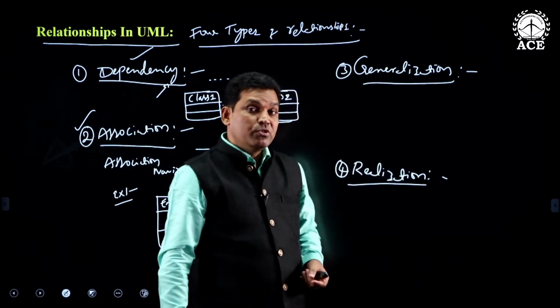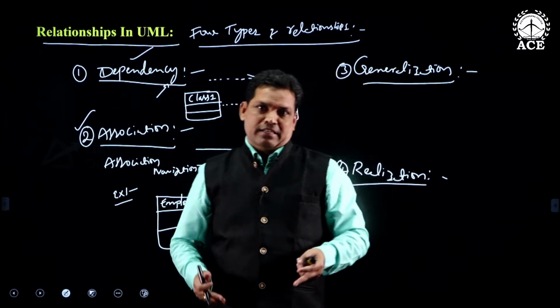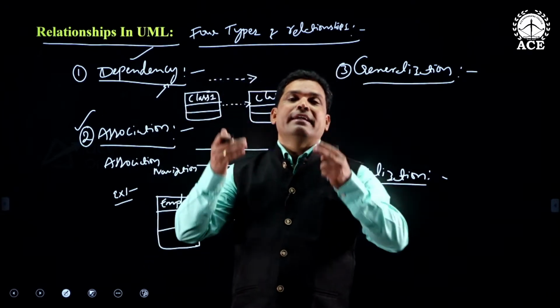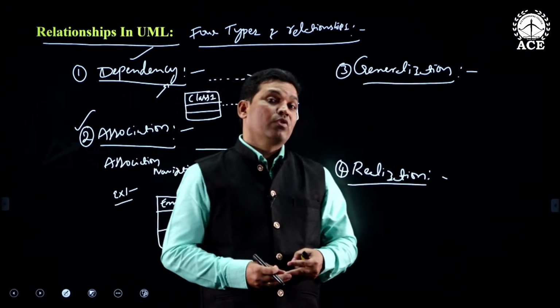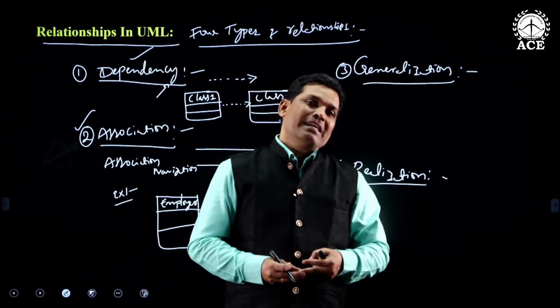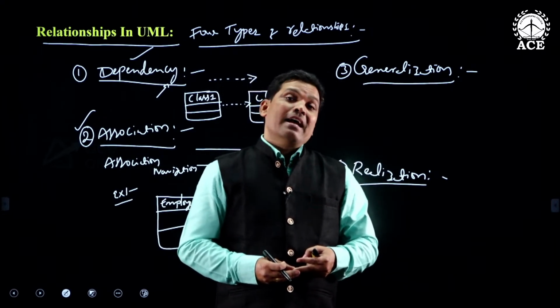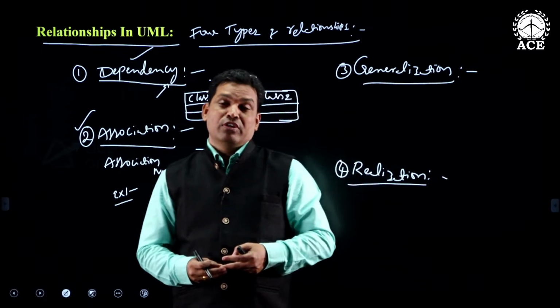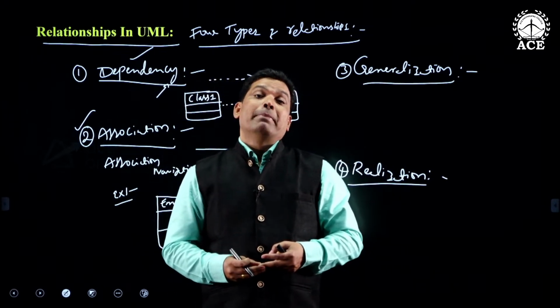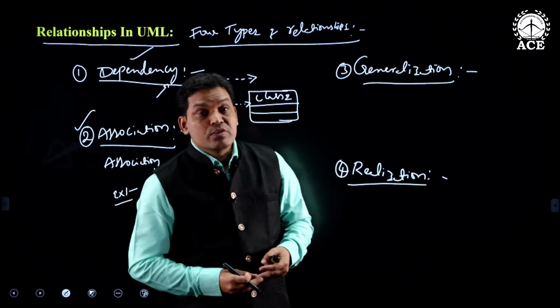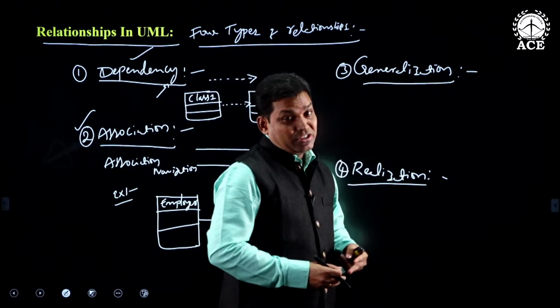What is the importance of generalization? When you want to design parent and child classes, when you are modeling superclass and subclass, the base class and derived class, in that situation you have to use the generalization relationship.